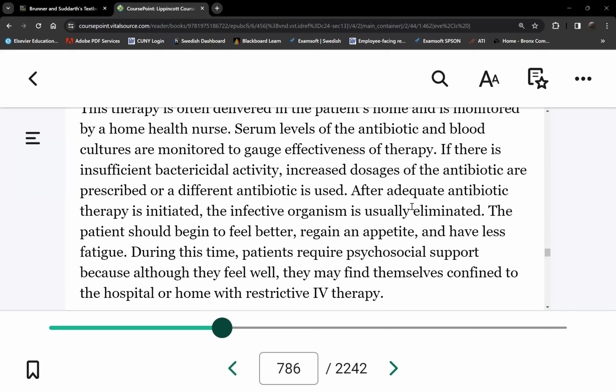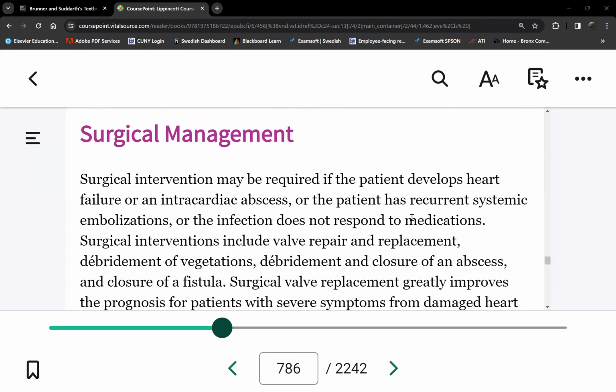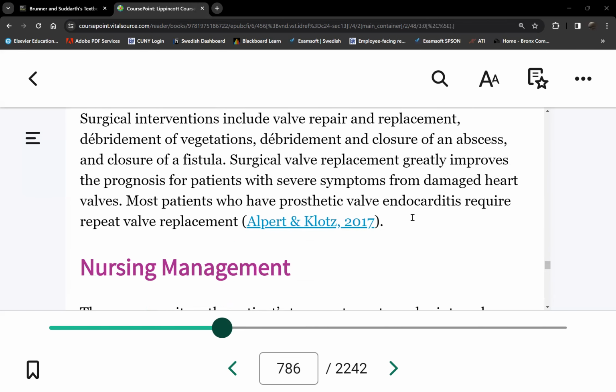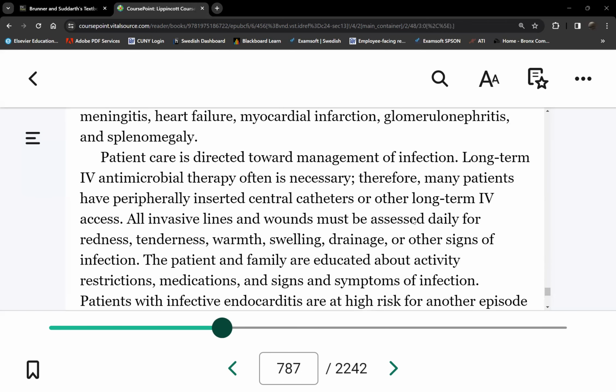Will it disappear? It'll stay, right? Unless we repair or replace the valve. So I won't repeat the surgical management because this involves heart repair, valve repair or replacement. So we did that already.